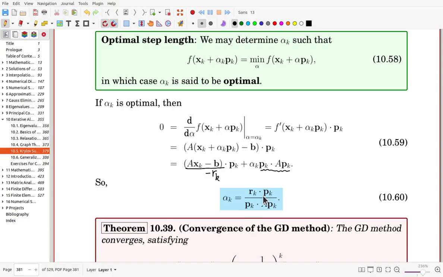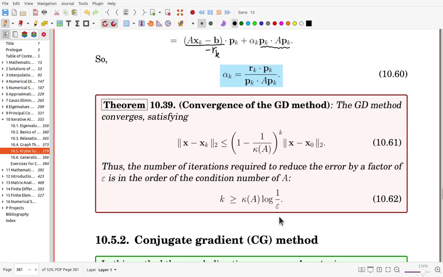And with this choice, the gradient descent method will be formulated, and once it is solving the problem, now the convergence can be analyzed. x minus xk, x is the true solution, and xk, kth iterate in L2 norm, is bounded by this quantity. Kappa A is the condition number of A to the k, and the initial error. So each iteration makes this reduction.